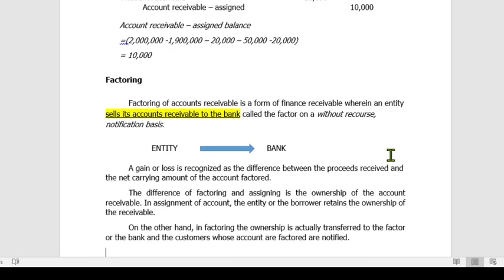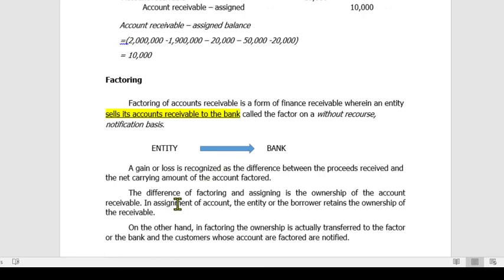The answer is no, because it is in a without recourse. Hindi na pwedeng ibalik, hindi na pwedeng yung hindi mabayaran ng mga naibenta ay sisingilin sa'yo. So that is the logic of the factoring, yung without recourse and notification basis, because essentially tina-transfer na yung ownership.